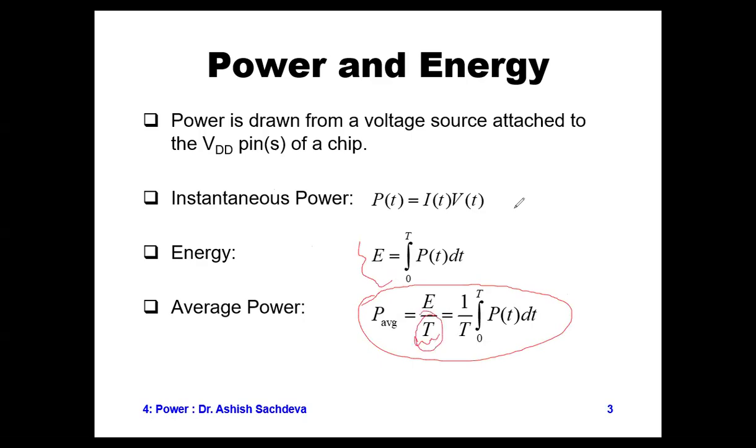Suppose I compute my power consumption for 100 nanoseconds and ask my circuit to take the average of it. If I compute the average power over 20 nanoseconds, 100 nanoseconds, or 30 nanoseconds, it should remain the same because it is an average power per unit time, right?